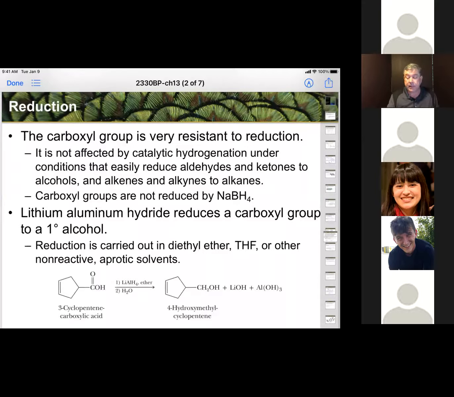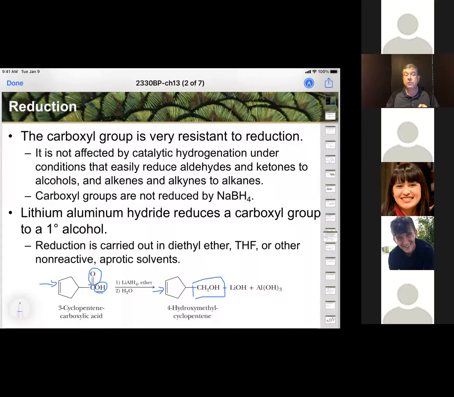Because it actually reduces the carbonyl, adds a hydrogen across that bond, and it can reduce off this other alcohol to give us a primary alcohol. So lithium aluminum hydride will reduce down our carboxylic acid to a primary alcohol. And notice it's selective. It still doesn't touch the carbon-carbon double bond.